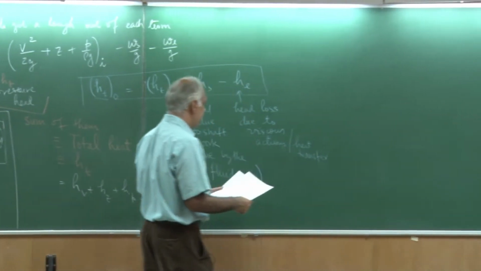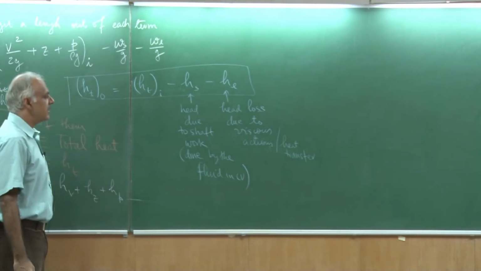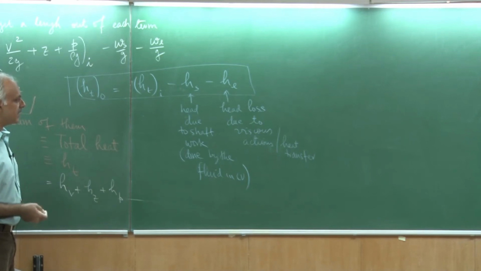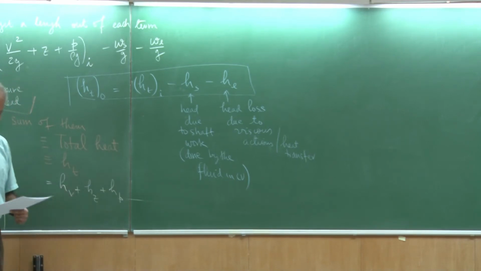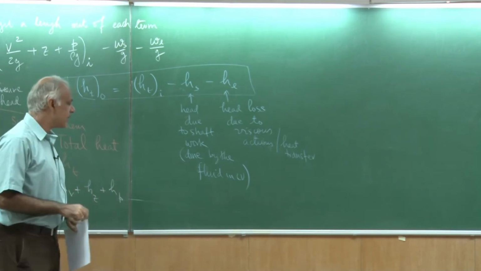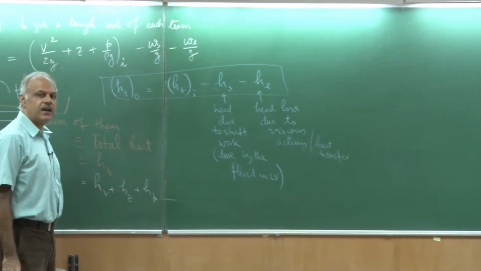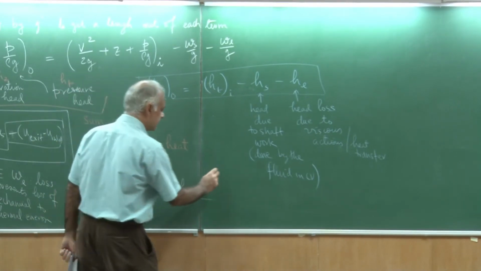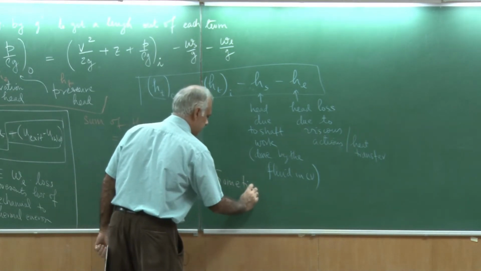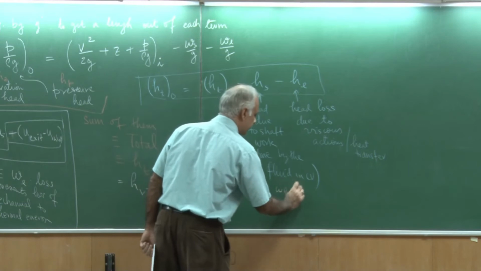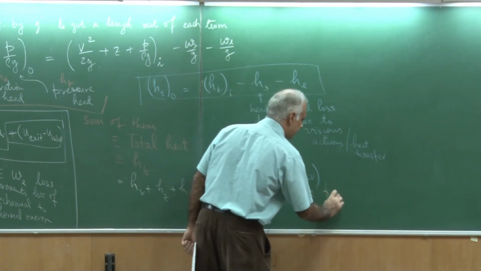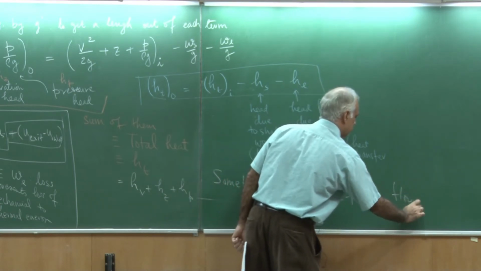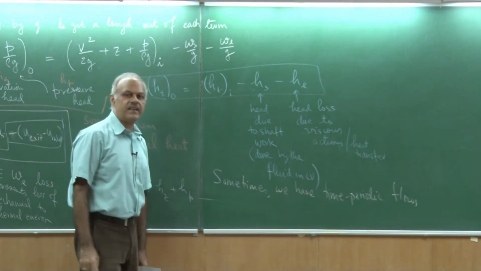So, even if the flow is not one dimensional at the inlet and exit, we can still use these equations as I said, but then we have to be a little careful in interpreting the various terms. I just wanted to make a remark about what if the flow is not steady in the true sense of the word. Sometimes we have time periodic flows. For example, I look at the flow inside a turbine.